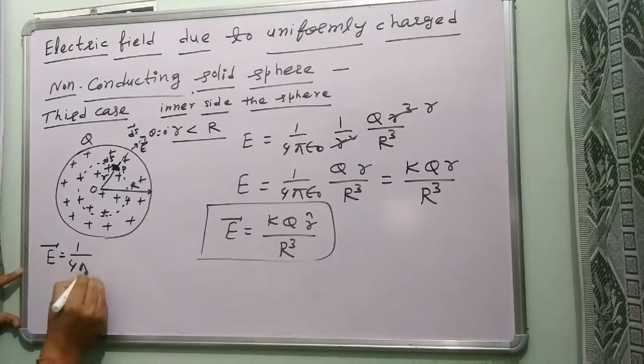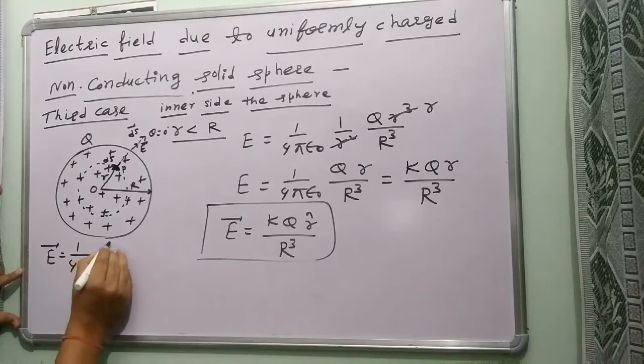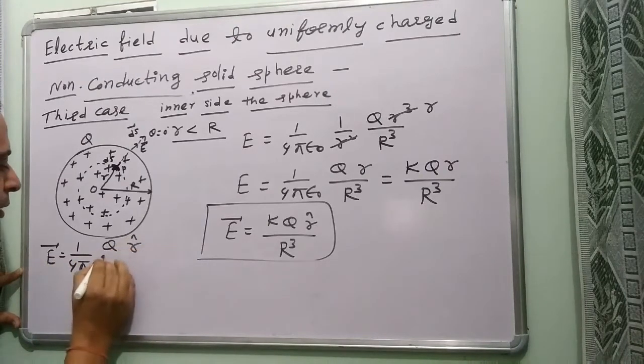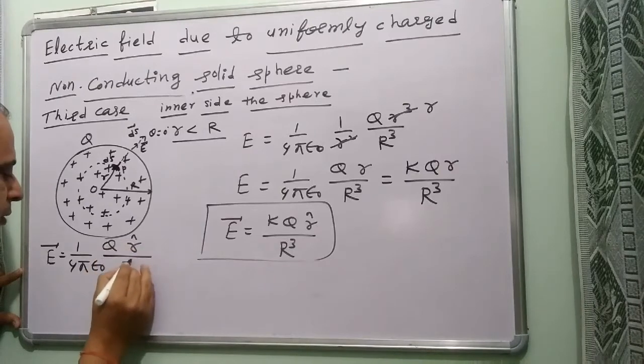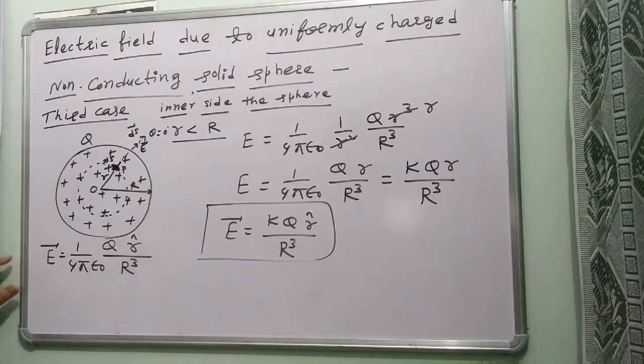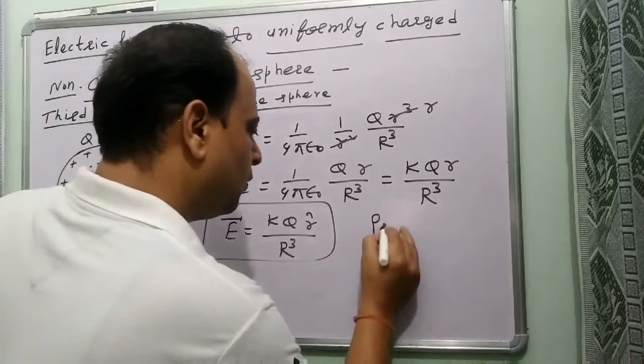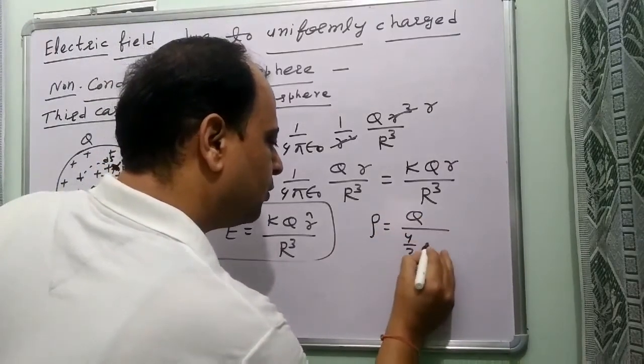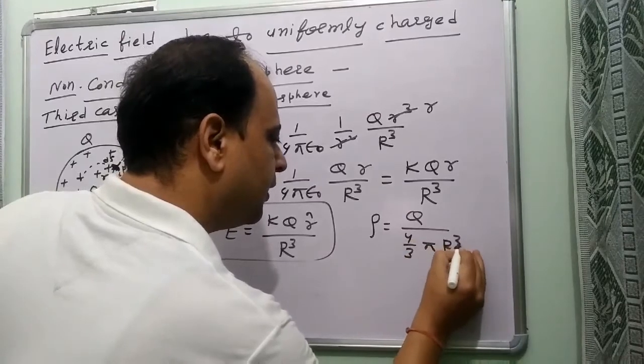One upon 4 pi epsilon 0 Q r cap upon R cube, where rho equals Q upon 4 upon 3 pi R cube.